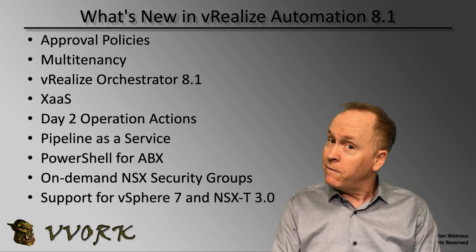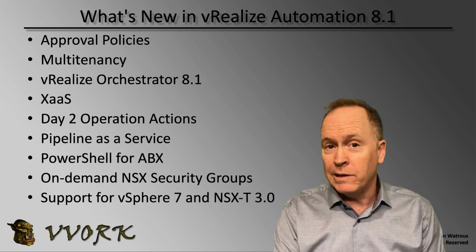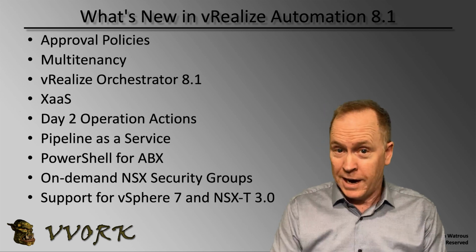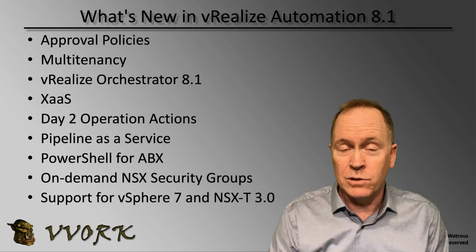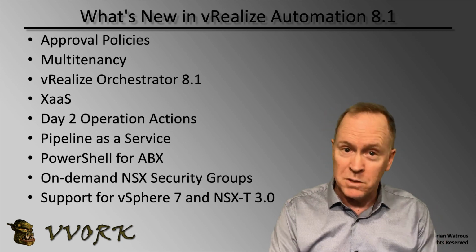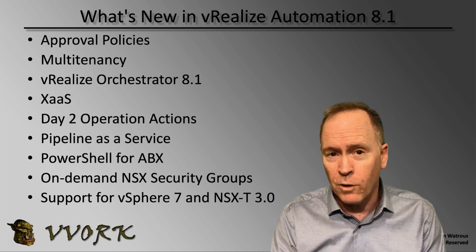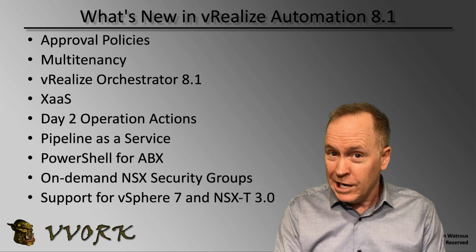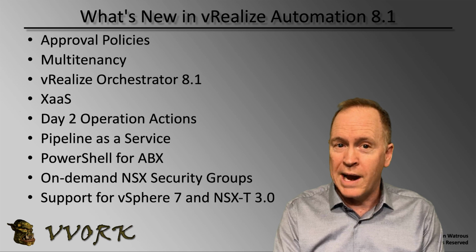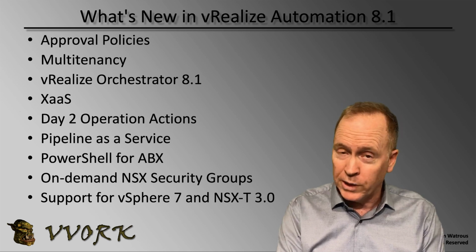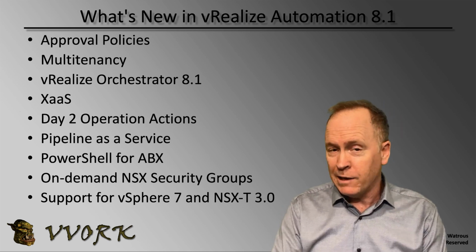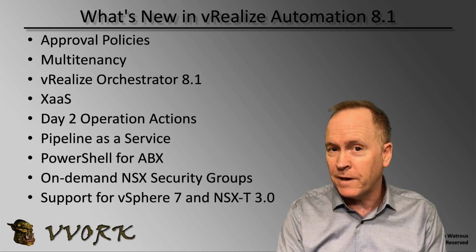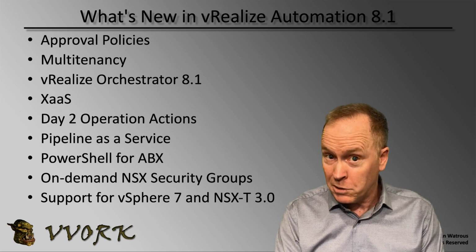And again, we make it very simple to do that by allowing you to simply drag and drop an NSX network from the left side of the Blueprint Designer into your actual canvas of components of machines, networks, drives, and so forth. With vRA 8.1, we now additionally have components that you can drag into your blueprint to specify that you want a machine to be put into a specific NSX security group.